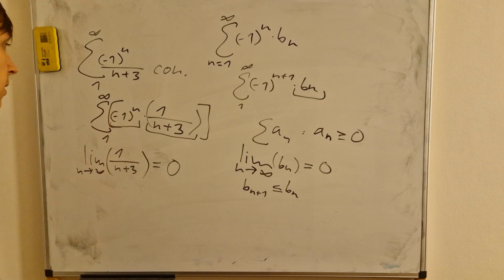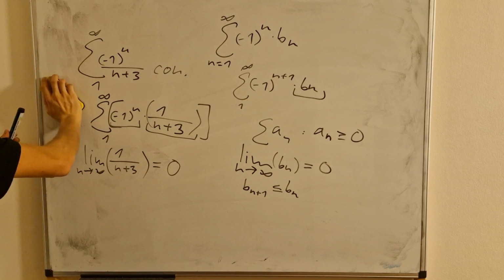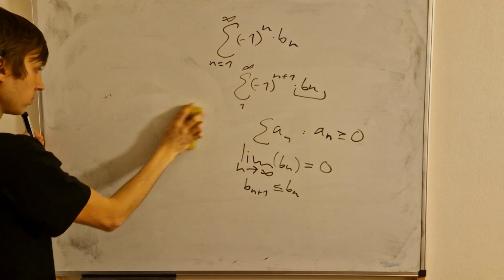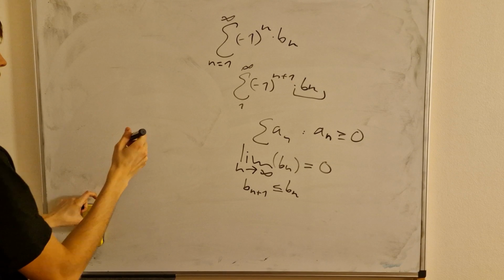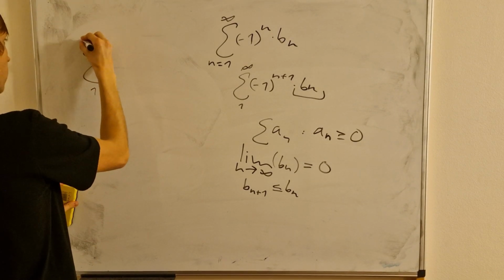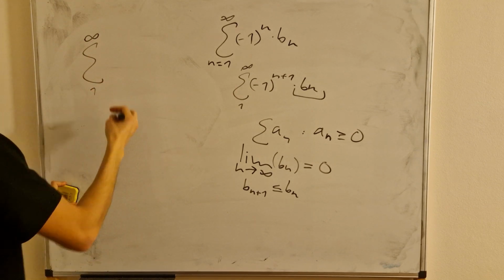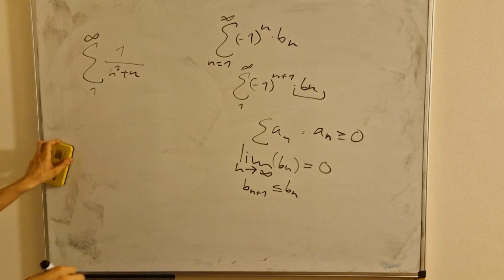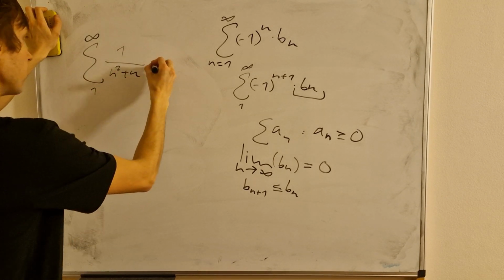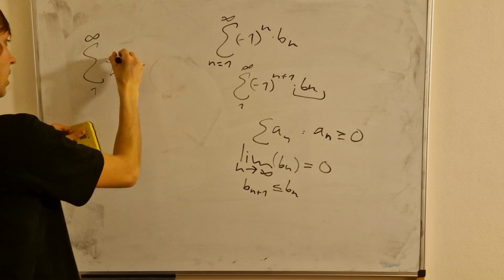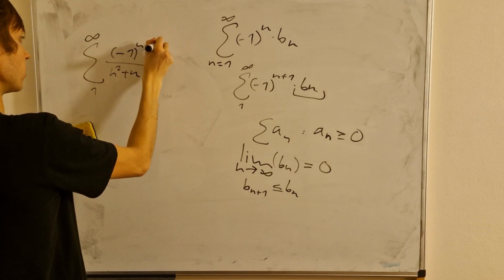That's the idea. We can also apply it to another example. It goes from n equals 1 to infinity of 1 over n squared plus n. Usually it's written in a way that one has to break it up oneself. Let me write this n plus 1 here.